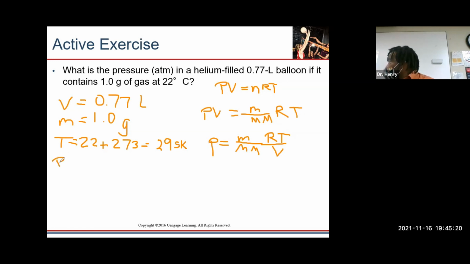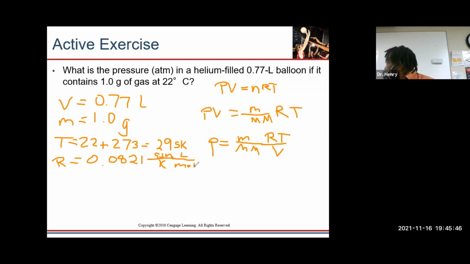R is always going to be the same value. R is going to equal 0.0821, and the units are ATM liters over Kelvin mole.